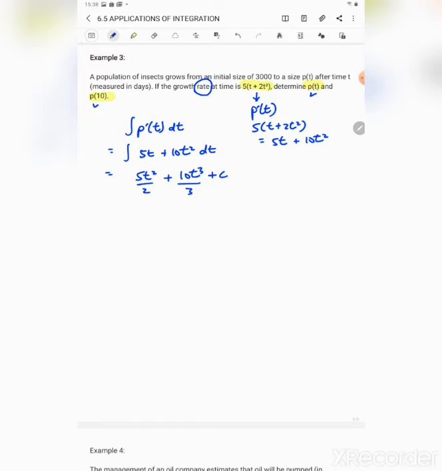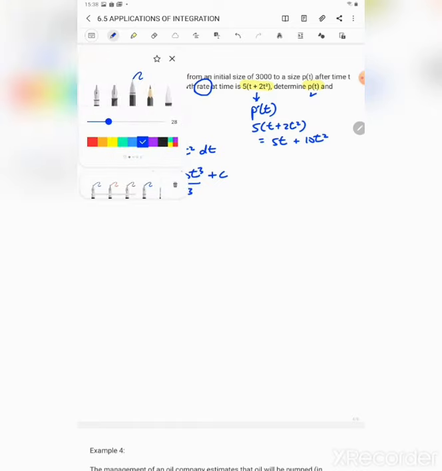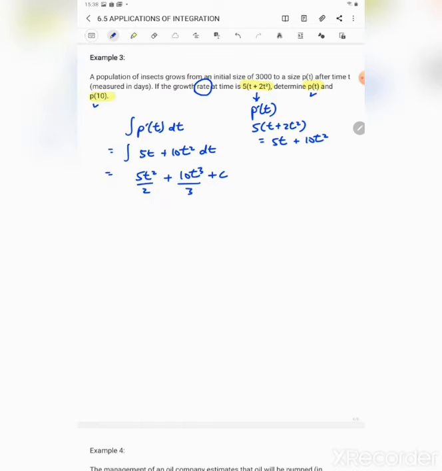So how can we find C? Before we find the general form for P(t), you have to find the value for C. Don't forget we have here an initial size of 3000. The keyword initial means that time t equals 0, and then P is equal to 3000.